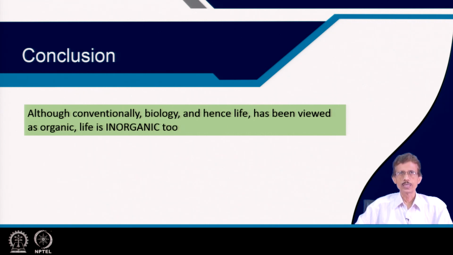Nature has given us life, and hence the different life processes. We are talking about life processes, because they depend on our health, during this pandemic, this COVID time also.